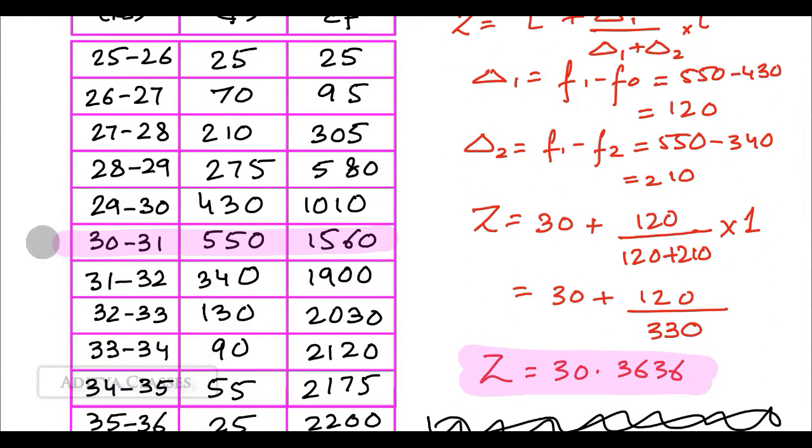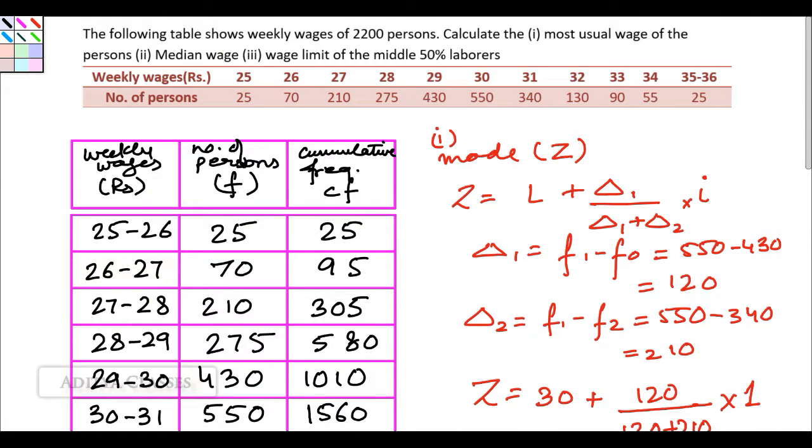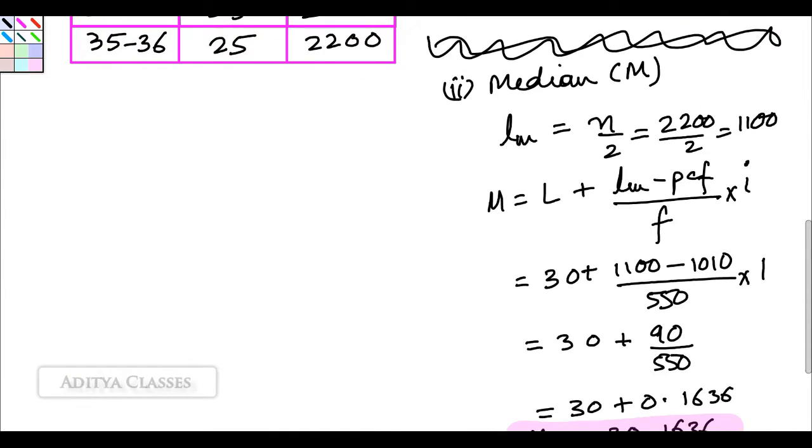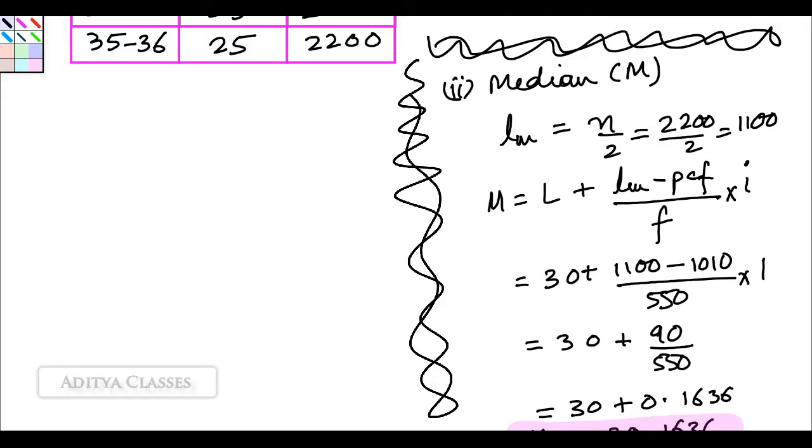Now let us have a look at the third one. The third one is the wage limit of the middle 50% laborers. Now we need to understand what they are asking. Wage limit of the middle 50%.